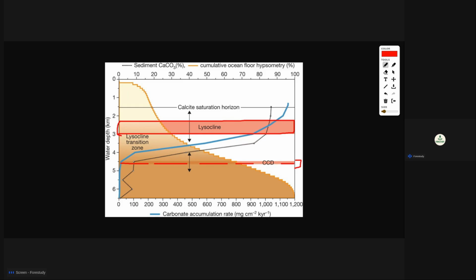Below the lysocline it will slowly start to decrease: carbonate dissolution will slightly start to enhance, and carbonate precipitation will start to decrease. After the CCD there will be no carbonate deposition, only carbonate dissolution. So the lysocline is one important term, and the CCD is another important term. This was a diagram. Let's go back.